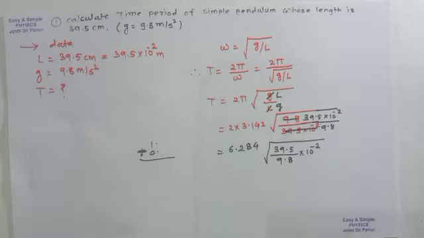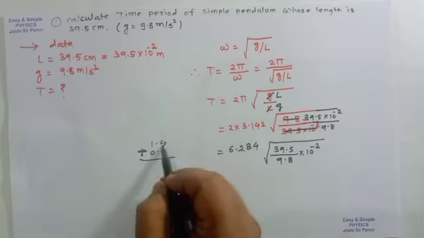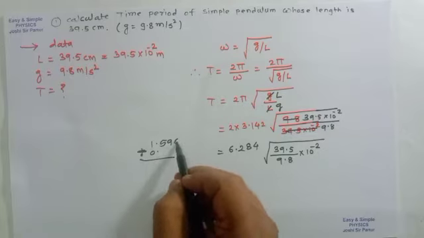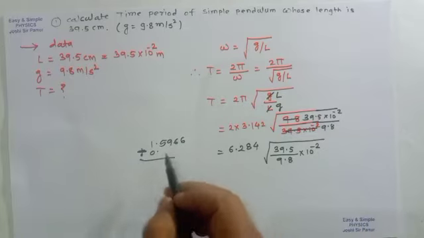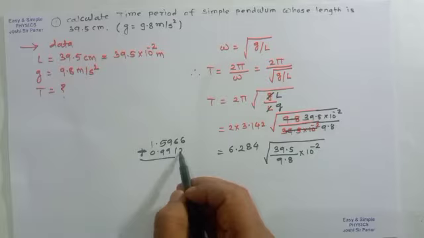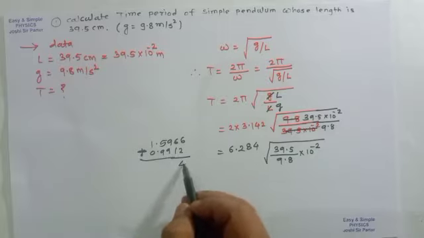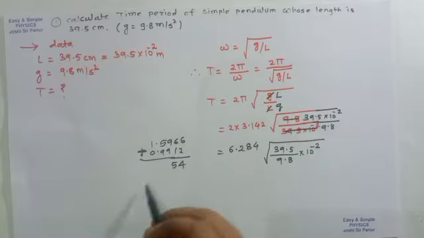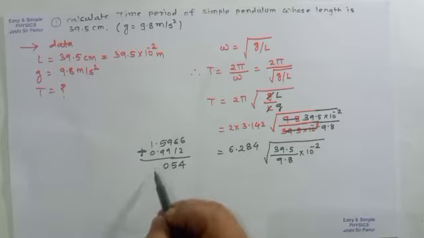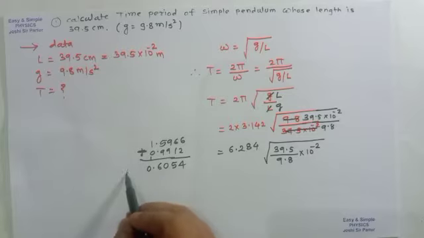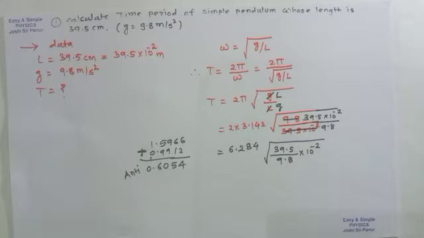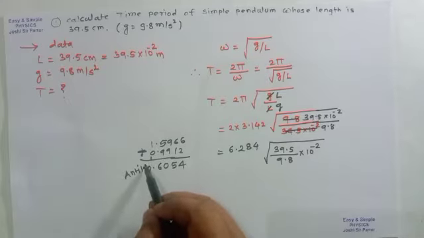So 39 in 5 will be 5966, 98 in 0 will be 9912. By subtracting, we get 0.6054.